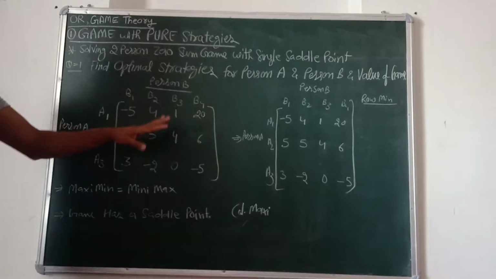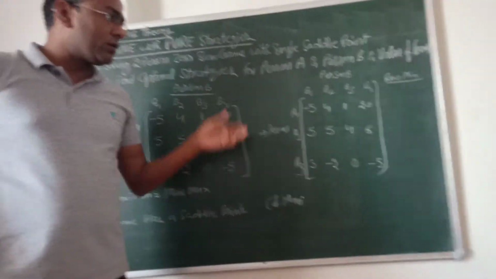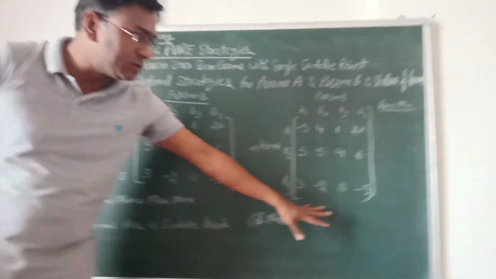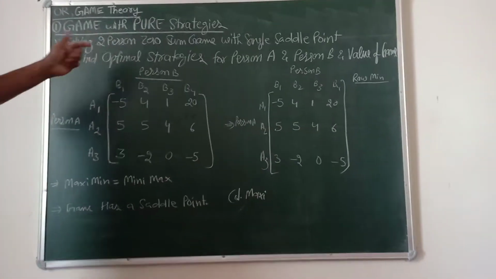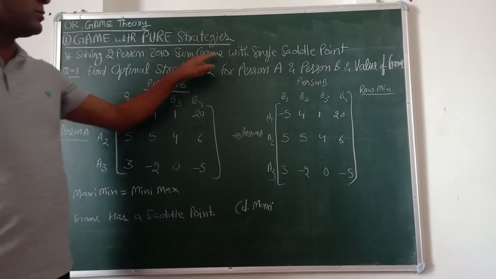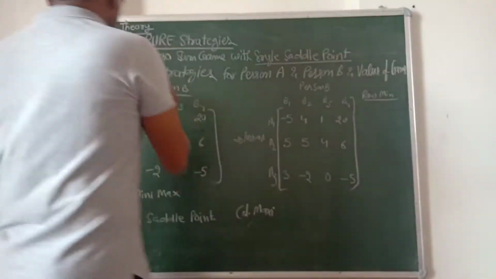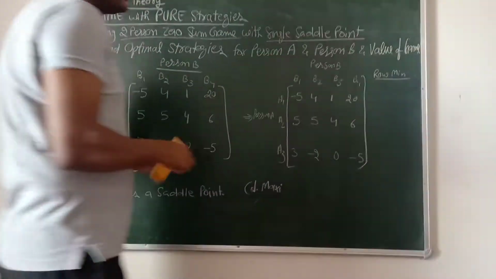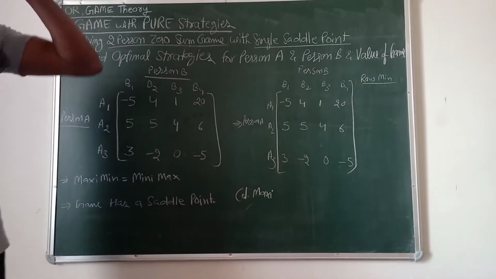This is a simple numerical, but you will get familiar with the terminology explained earlier. We are going to solve a two-person zero sum game with a single saddle point. These terms have been used earlier, so after solving this question you will be able to clarify all your doubts, if you have any.